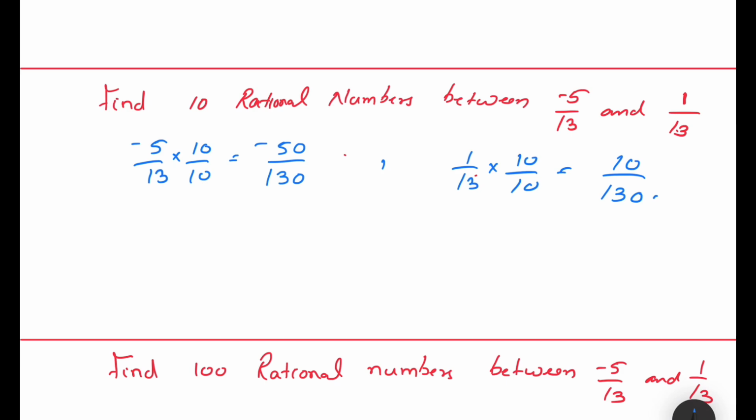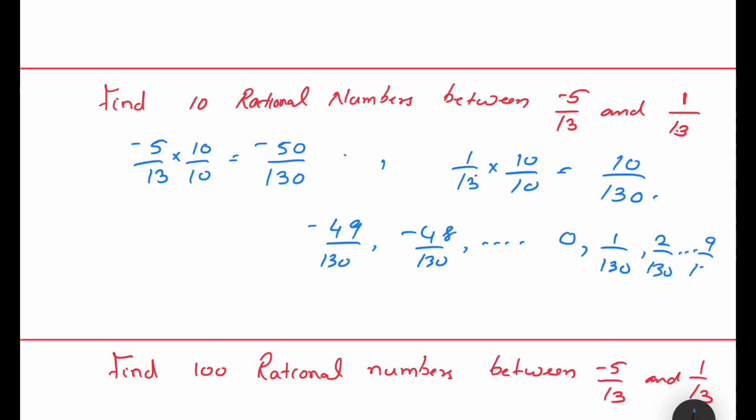You need 10 rational numbers, so from minus 49 by 130, minus 48 by 130, etc., 0, then 1 by 130, 2 by 130, up to 9 by 130. You can choose any of the 10 numbers.